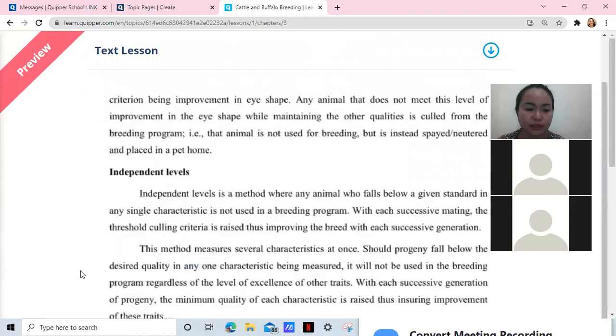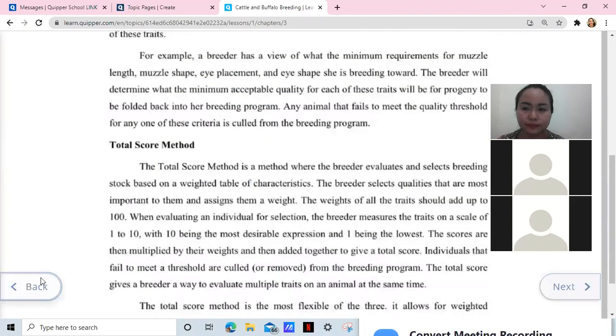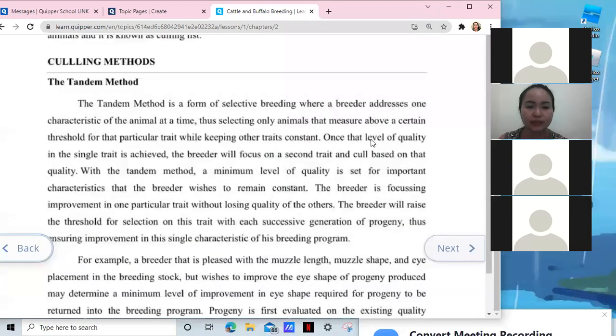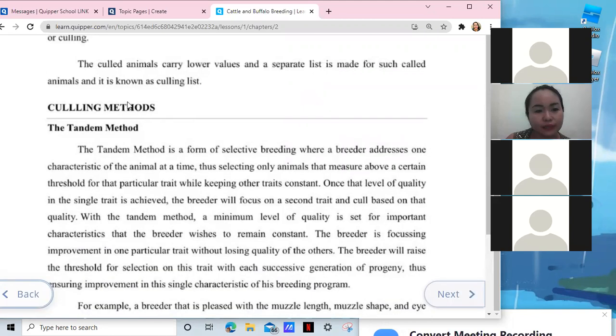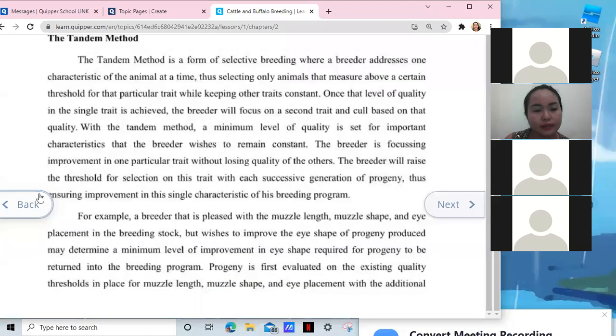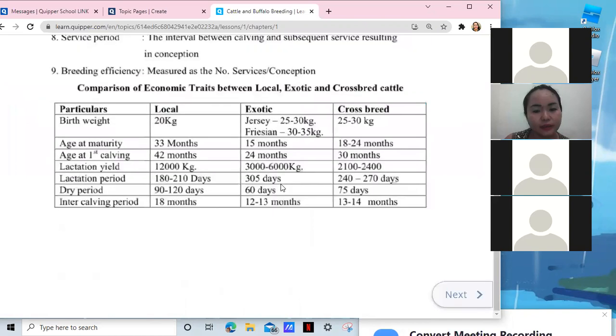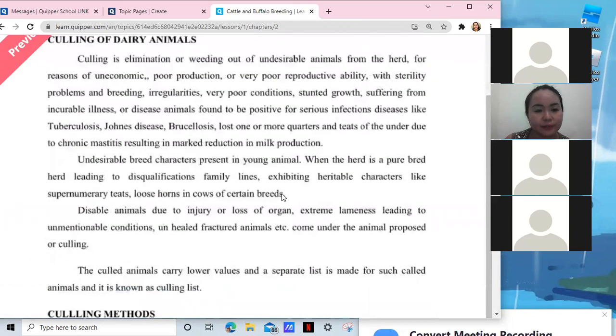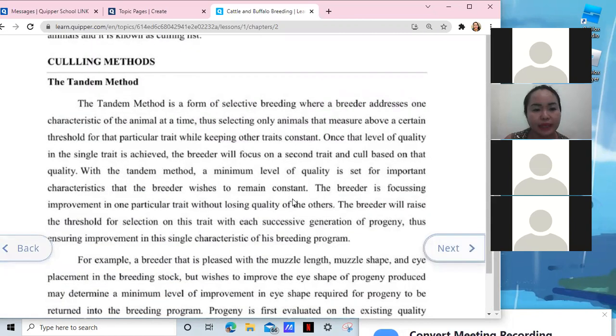So in continuation dun sa ating last about culling methods. Aside from the first culling of dairy animals, we have the tandem method, no?